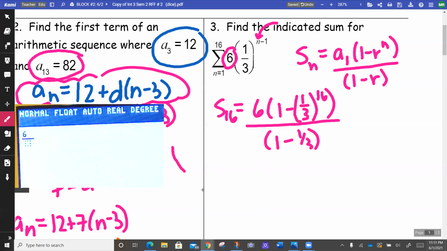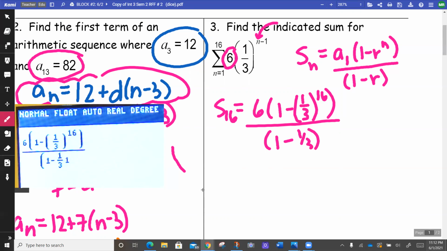Okay, I'm going to be doing 6 times 1 minus 1/3 raised to the power 16 over 1 minus 1/3.